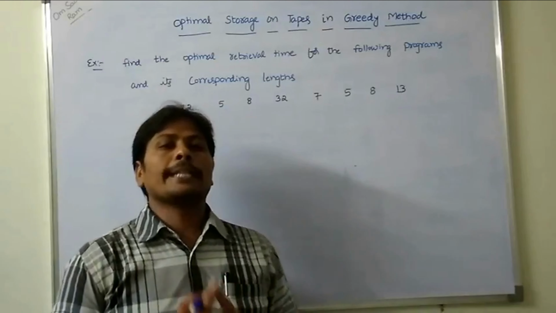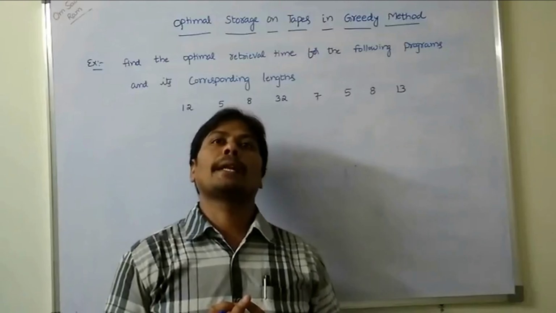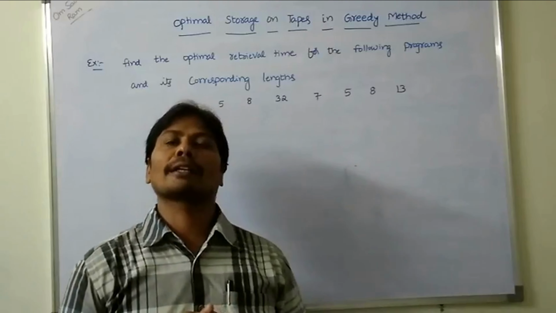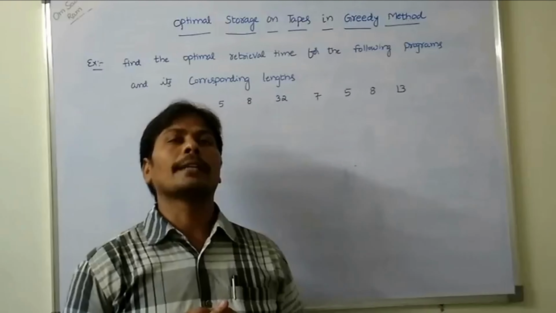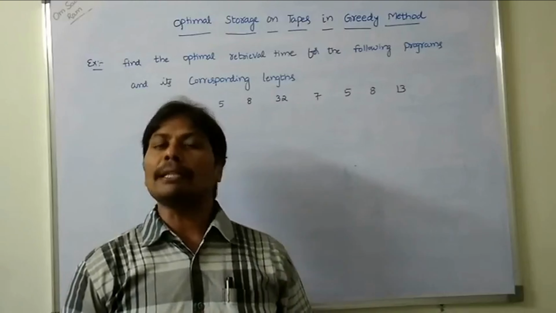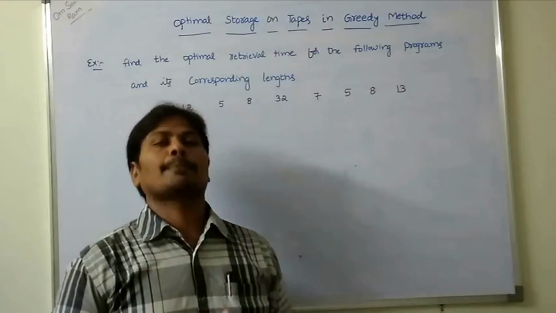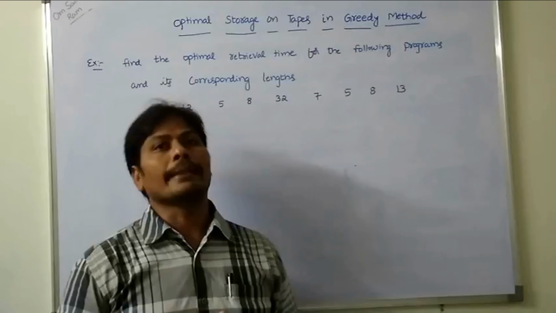So this problem is mainly used if the number of programs is greater than 4, to find out the total retrieval time. This problem can be solved in this way.